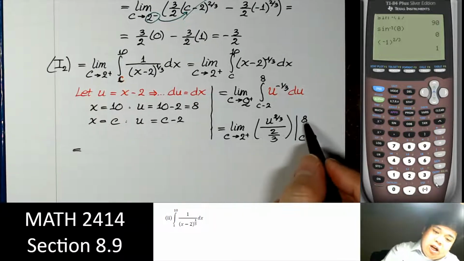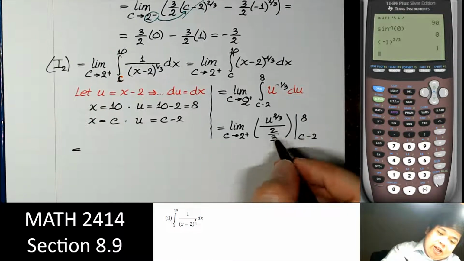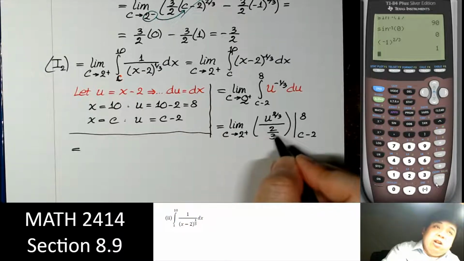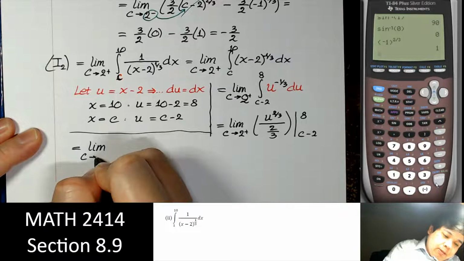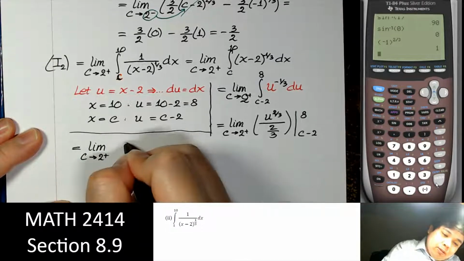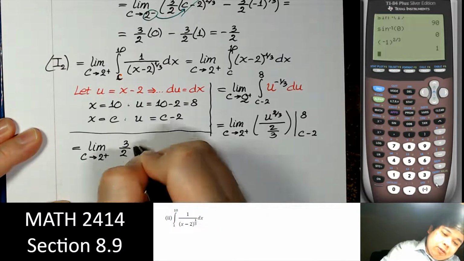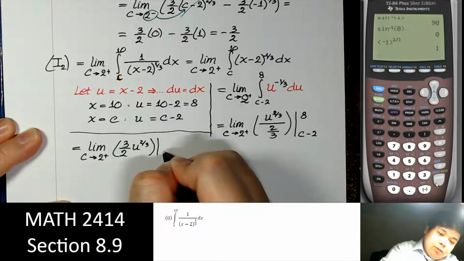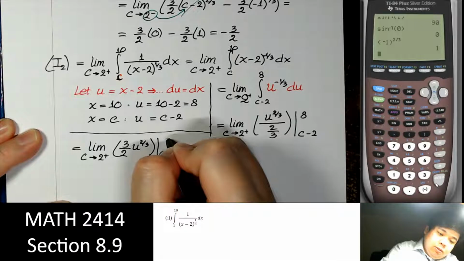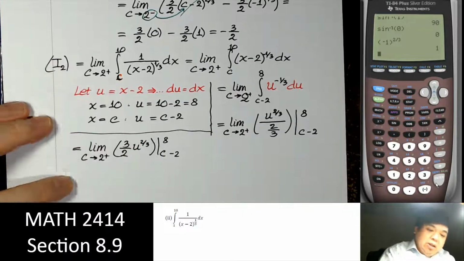Bottom line is we flip the denominator, and then put in the limits.